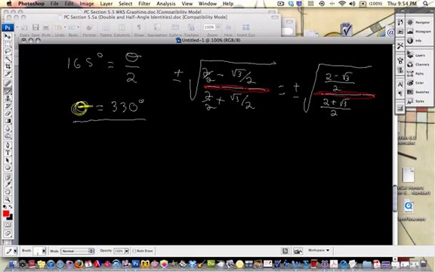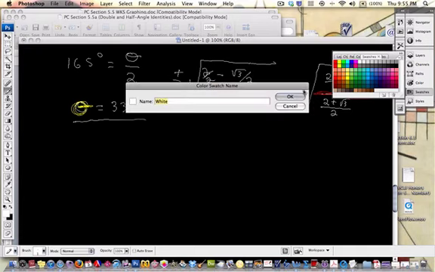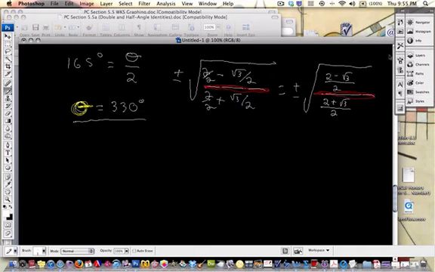Now we divide the fractions. So this fraction divided by that fraction. You can flip the bottom one and multiply, but if you've seen this situation enough, you know these 2's are going to cancel. And what you're left with is square root of 2 minus root 3 over 2 plus root 3.